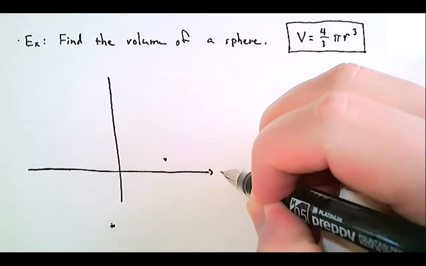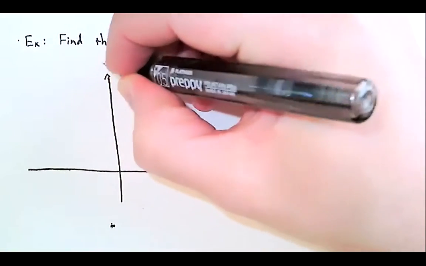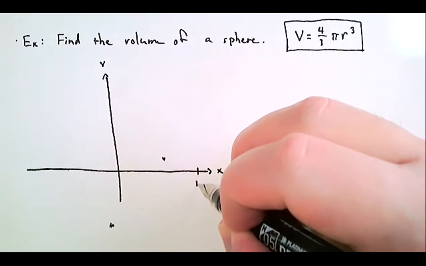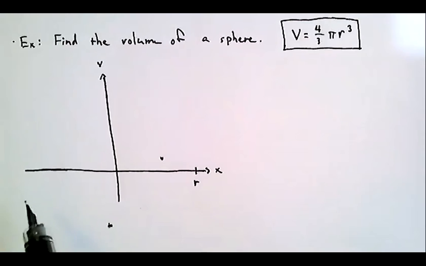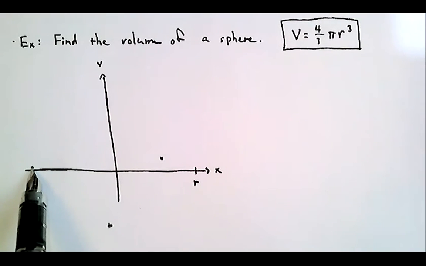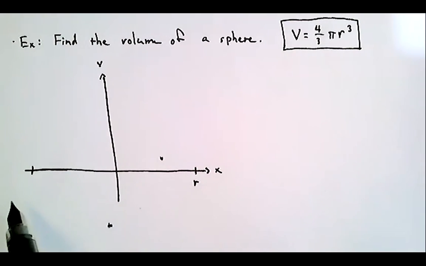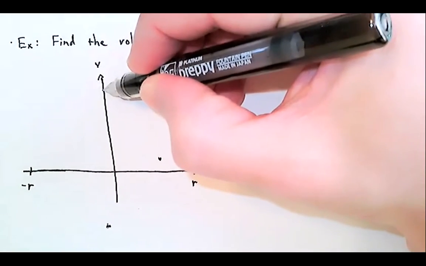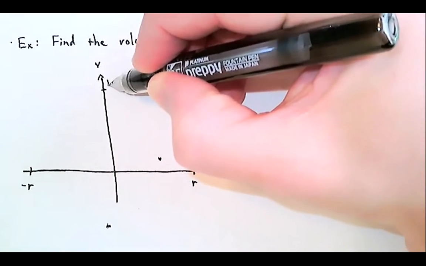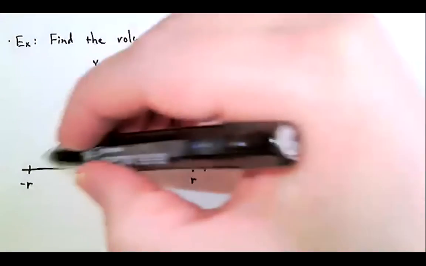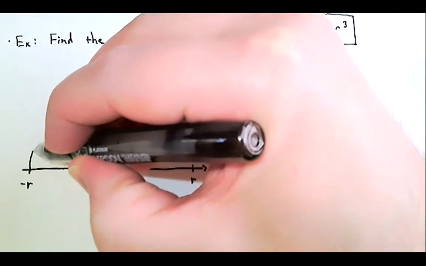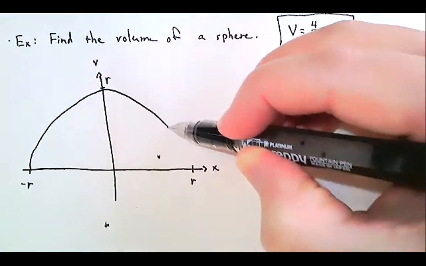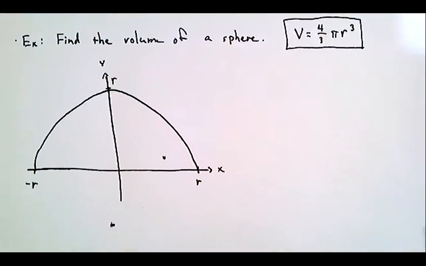So when I'm setting up my problem, it needs to work for a sphere of any radius. So when I make my half circle, the radius of my half circle is going to be r over here, and then minus r over here. And that means on the vertical, we also need to go up r. And then we'll do our best to make a half circle. Okay, so something like this.